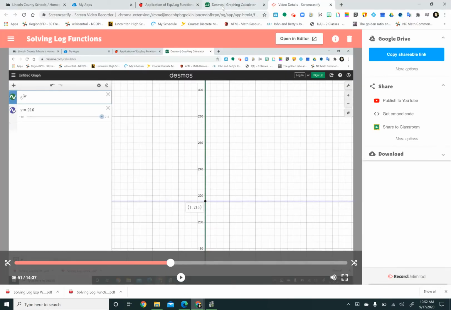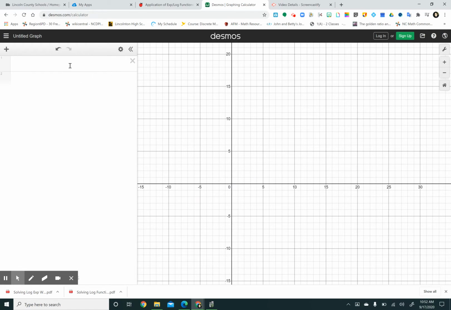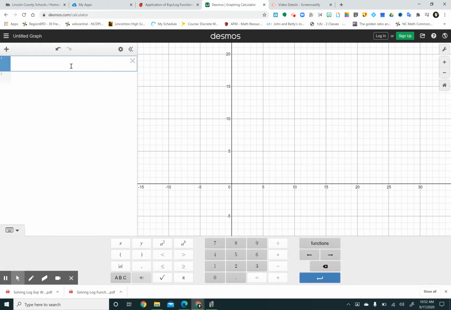And so we're going right over here to Desmos, and we're going to put it right in our calculators. So we do $250 and put it in exactly how you see it.